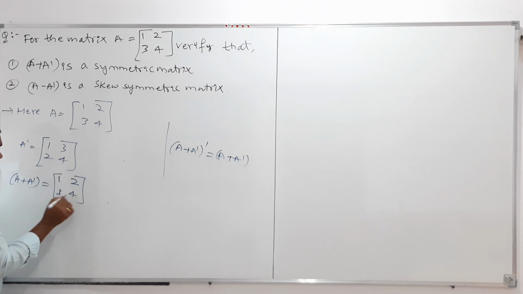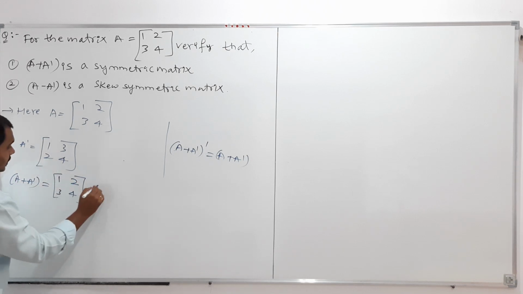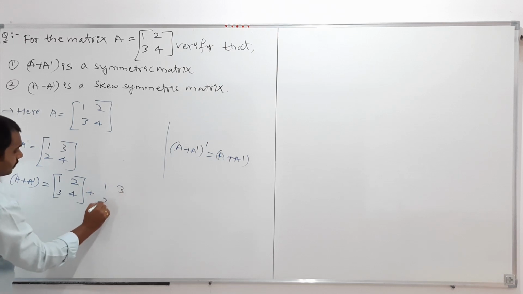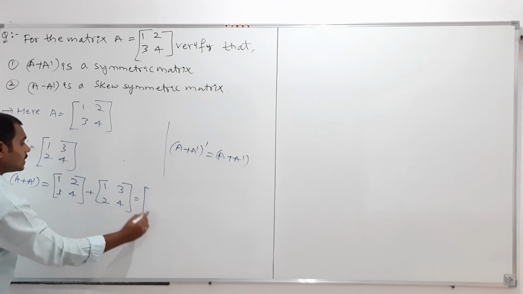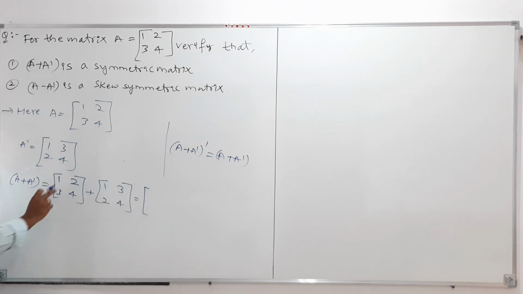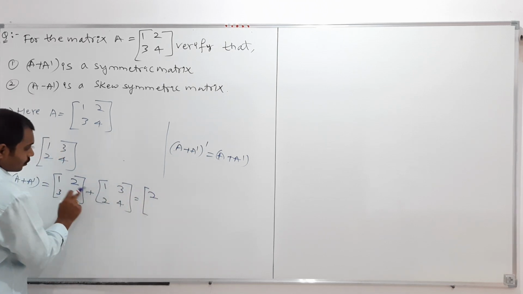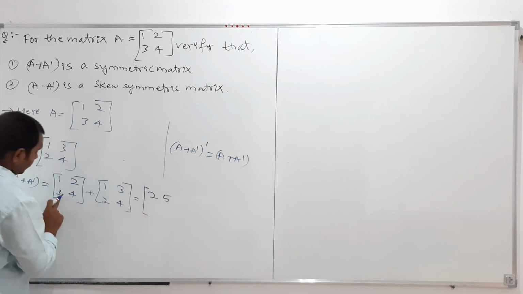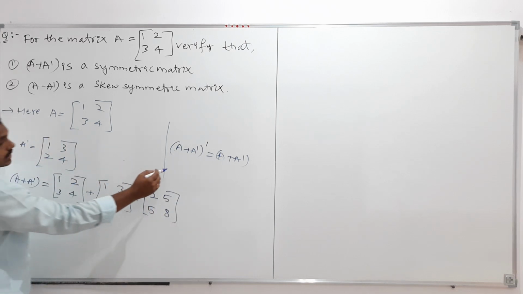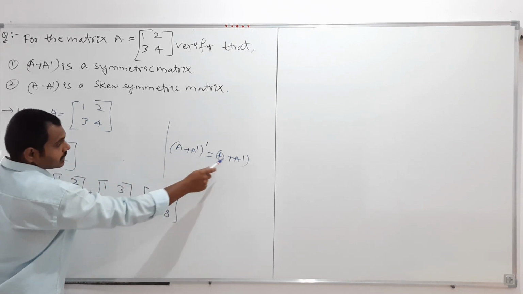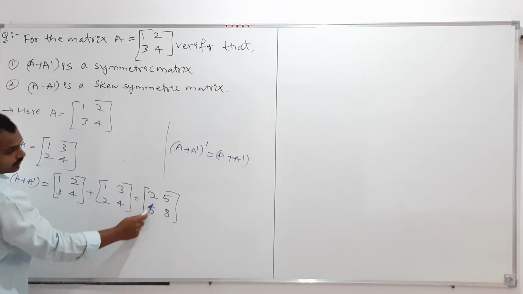A plus A transpose: here A transpose is 1 3 2 4. So this is equal to adding these two matrices. 1 plus 1 is 2, 2 plus 3 is 5, 3 plus 2 is 5, 4 plus 4 is 8. Clear? This A plus A transpose is this much, 2 5 5 8.